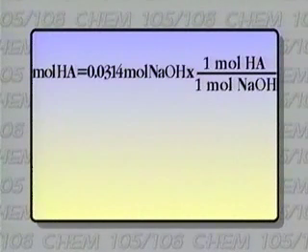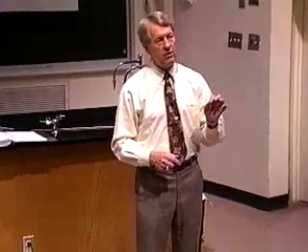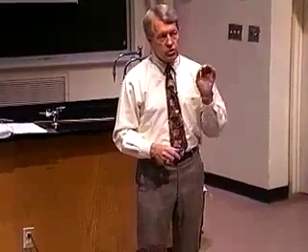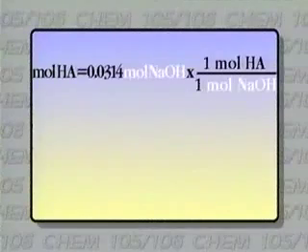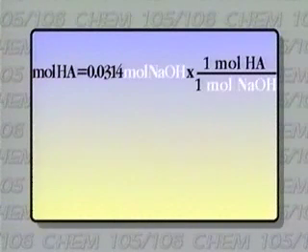I mean, why would we bother multiplying by 1 over 1? Well, the only reason is to keep track of units and to make sure that we've put in that stoichiometric ratio. That has to be involved in our calculation. That's always in the step. And yes, it's just 1, but at least when we do it, we know that we have included step number 2, and we now have put things in proper units, which are moles of HA.